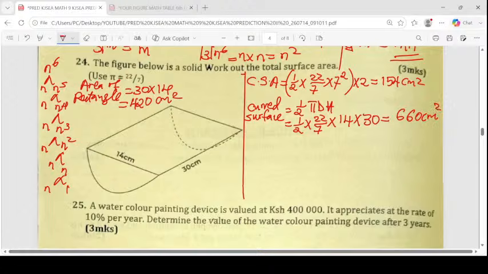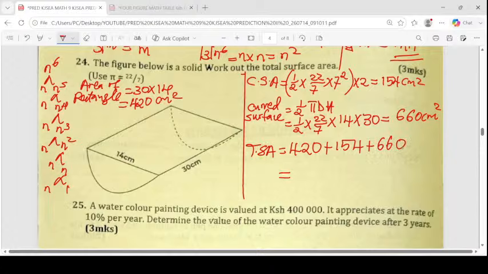So now let's get the total surface area. I'll take the area of the rectangle 420 plus the area of the two semicircles 154 plus the area of the curved part 660.